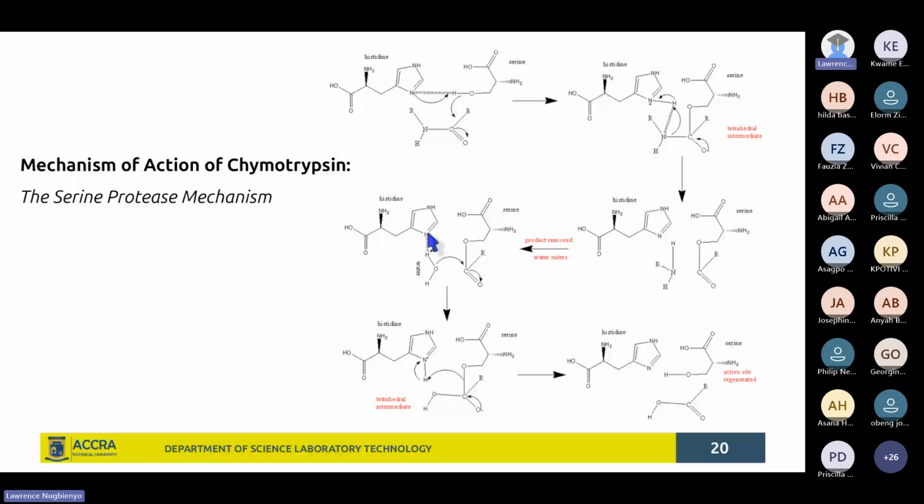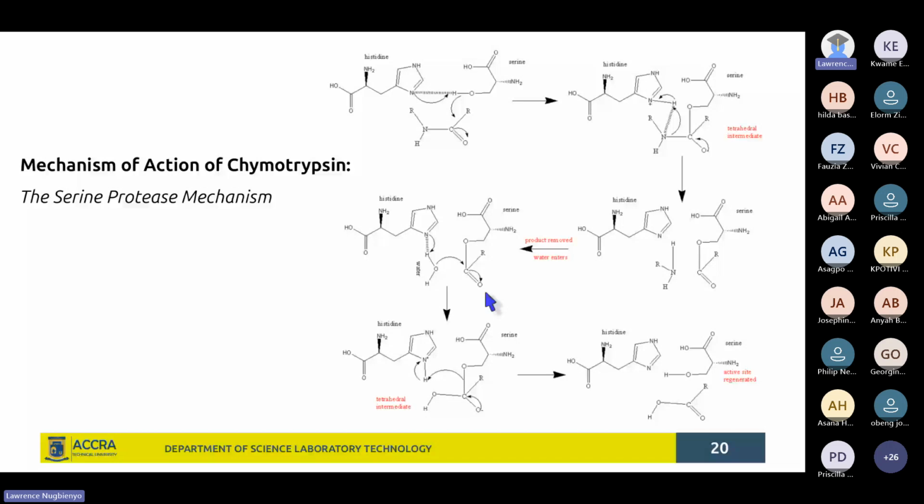And in that process, you also have a nucleophilic attack, the hydroxyl group of the water having such an attack on the covalent interaction between the serine group and the C terminus.